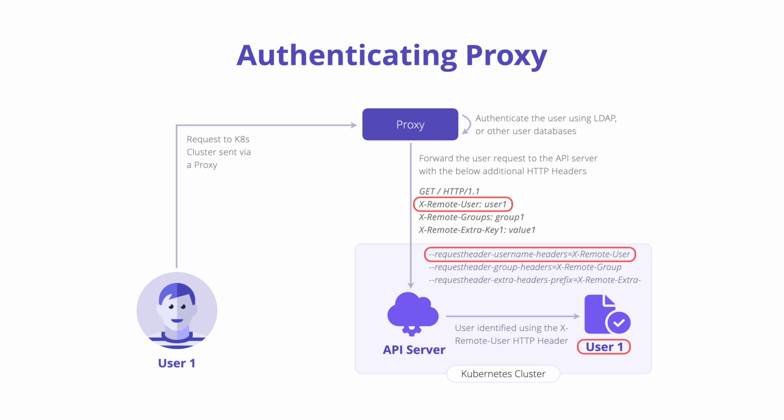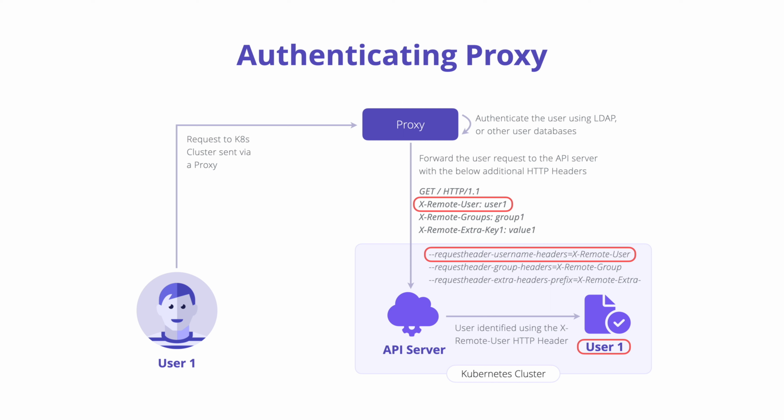When the user contacts the authentication proxy, after successful authentication it would add the username of the user as a part of the X-Remote-User HTTP request header. Kubernetes API would read the X-Remote-User HTTP request header to identify the user who is making the actual request.